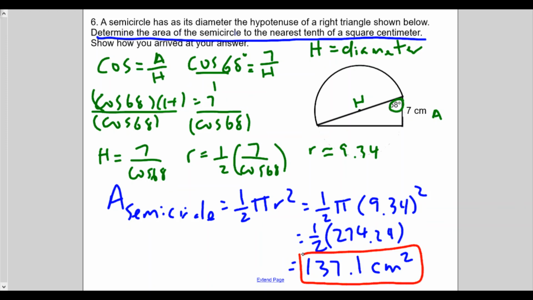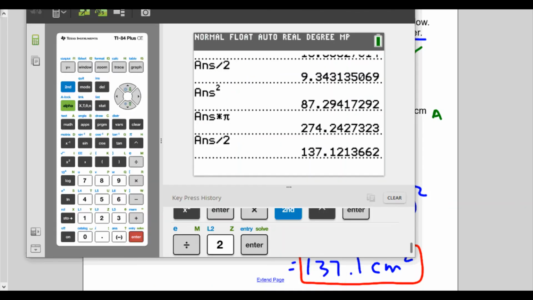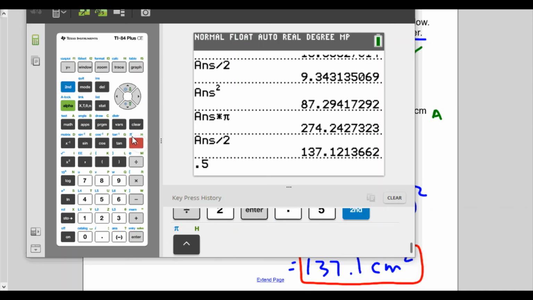So again, you would have to do 1/2 times pi times 9.34 squared. And if you type it this way, let's take a look and see how different that would be. So we do 0.5 times pi times 9.34 squared.